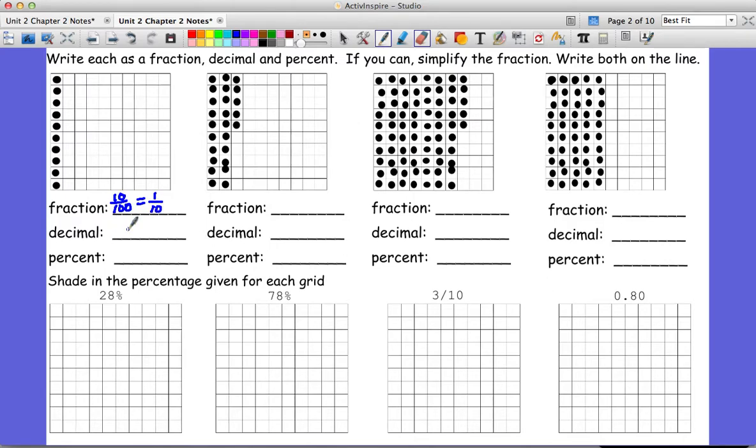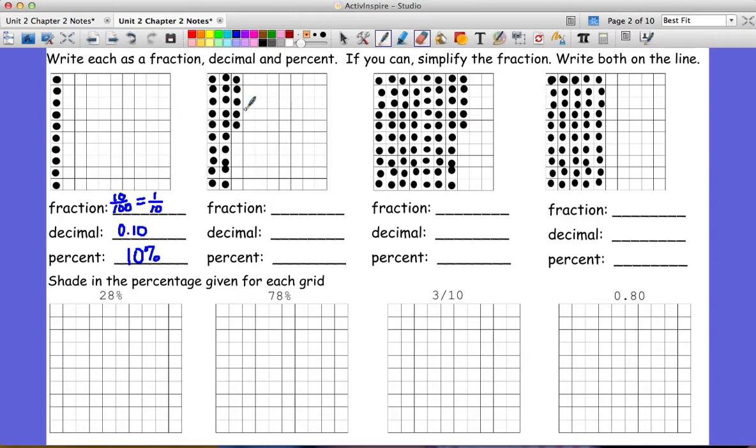And as a decimal, 10/100ths would be 0.10. And then as a percent, because it's 10 per the 100 that are there, this would be 10%. So it doesn't just have to be written as a fraction out of 100. If you can simplify it, it means the same thing. So 1/10 is the same thing as 10/100ths and is the same thing as 10%.